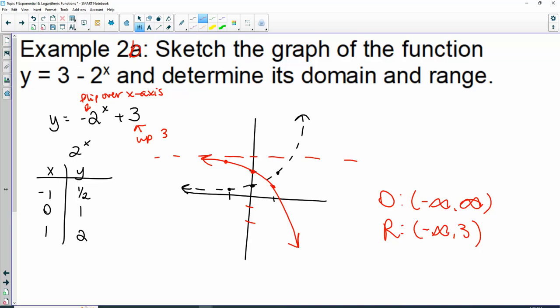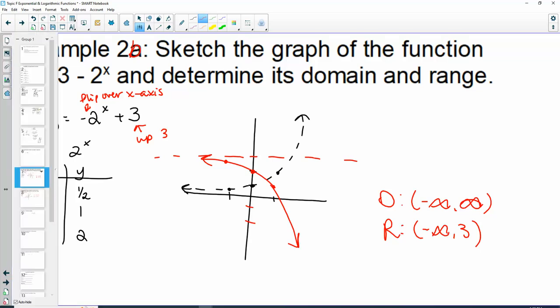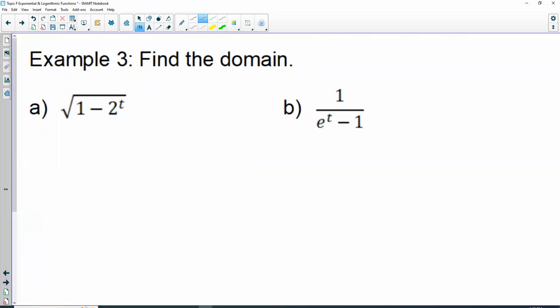All right. Let's talk about some domain problems. We've had some of these before.